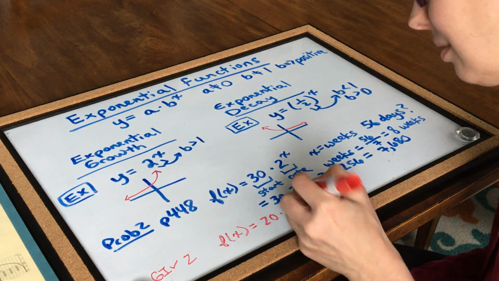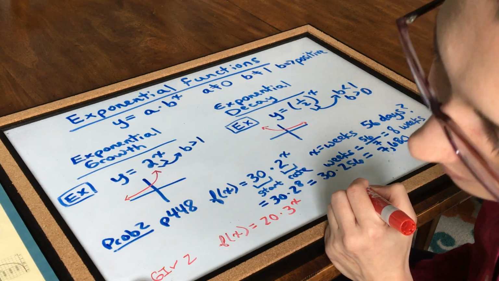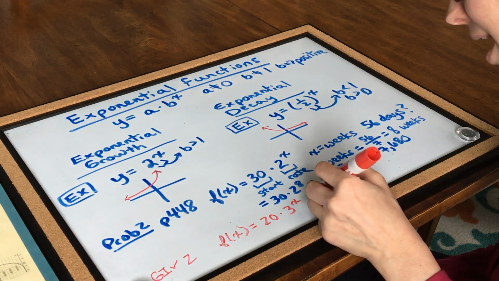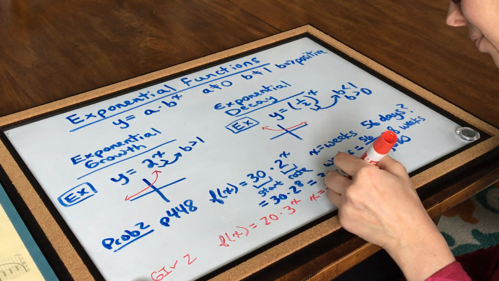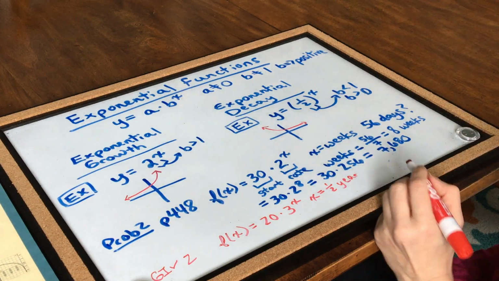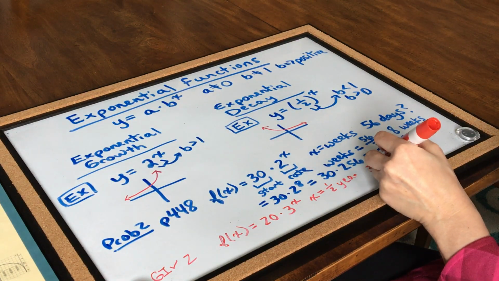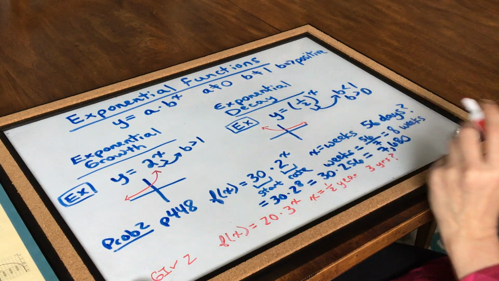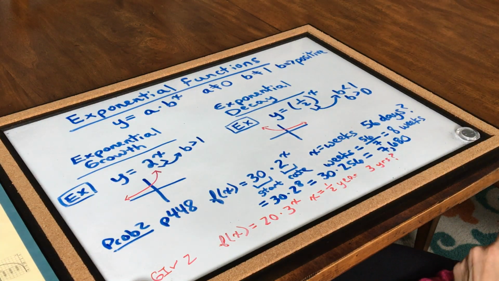That's our rate. It says that x is every half year, so x is a half year. What it wants to know is how many rabbits will there be after 3 years? It's time to pause the video. When we come back, I'll give you the solution.